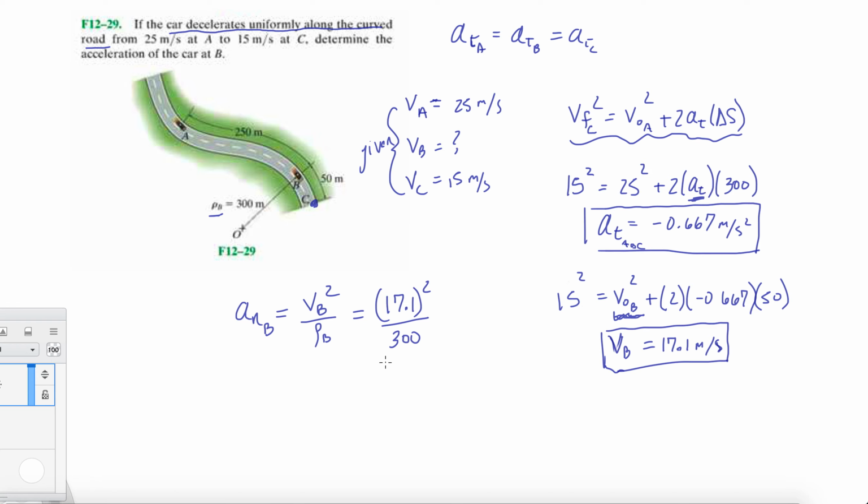And that should give us 0.975-ish meters per second squared. And then determine the acceleration of the car at B.